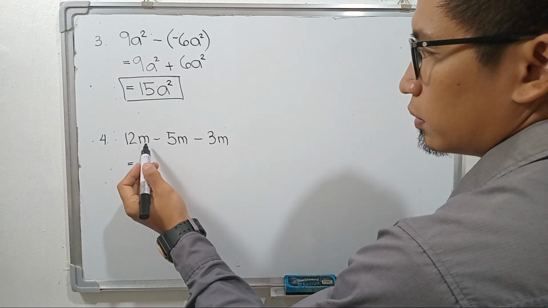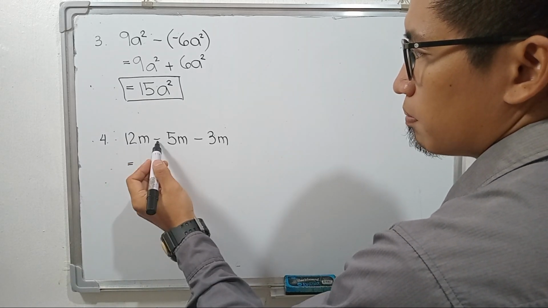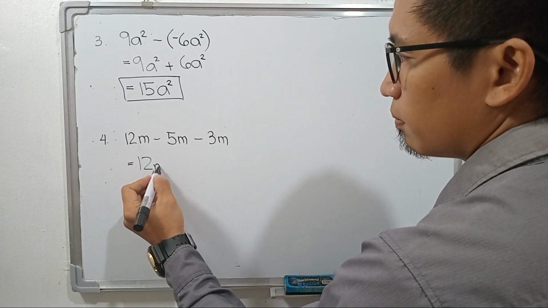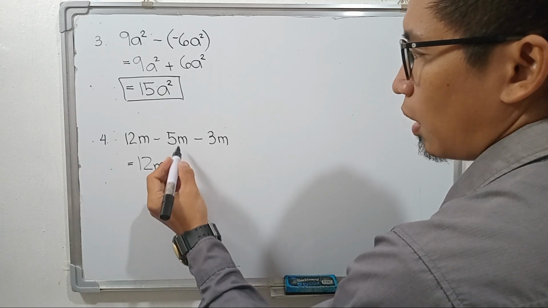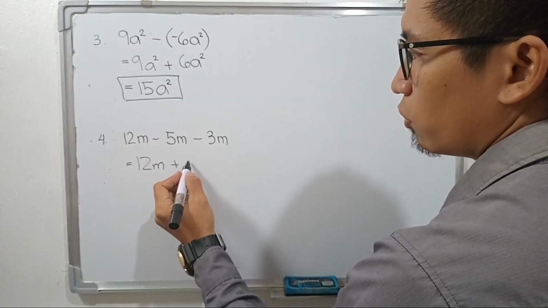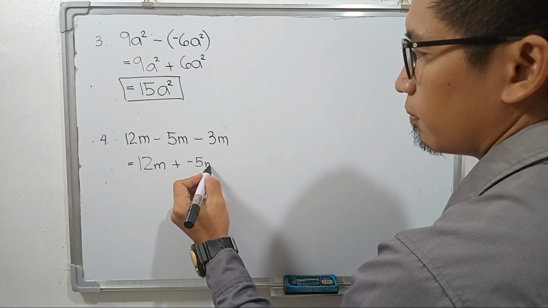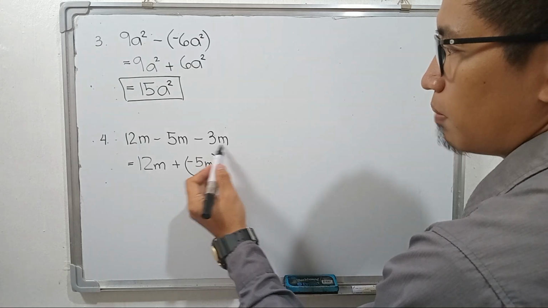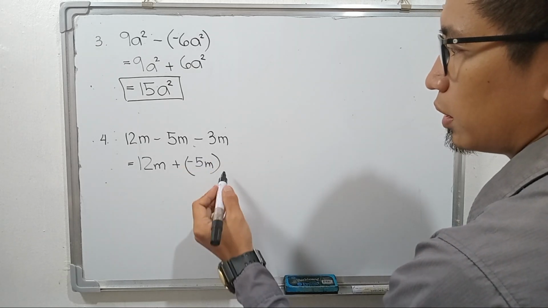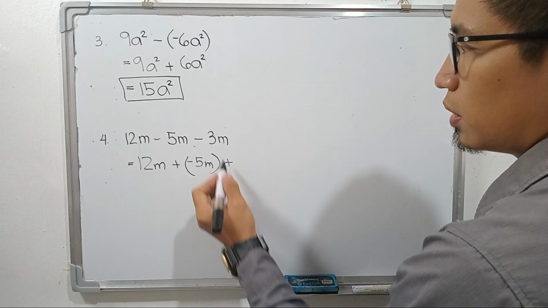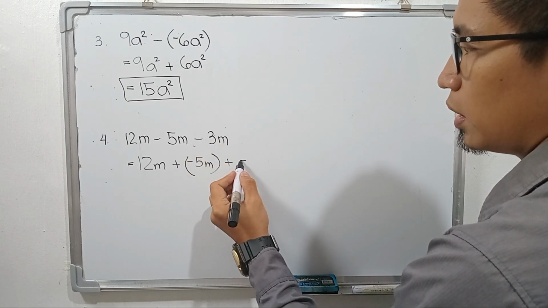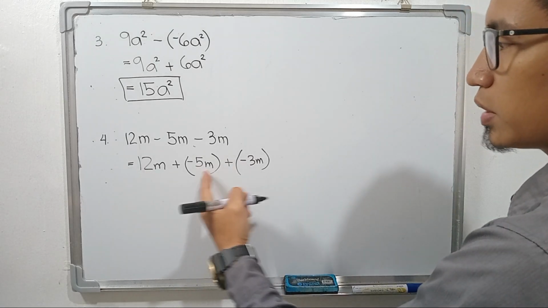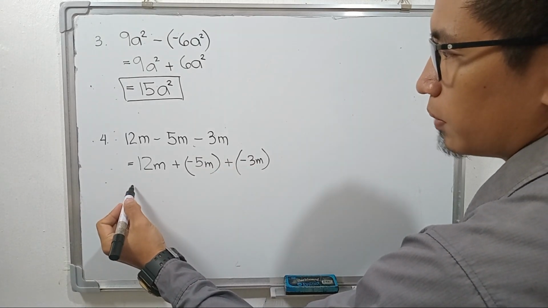So another way of writing 12m minus 5m will be 12m plus the opposite of positive 5m will be negative 5m. Then we put it inside a parenthesis. And then minus 3m, another way of writing it would be plus the opposite of positive 3m will be negative 3m. So now we will just add these 3 monomials.